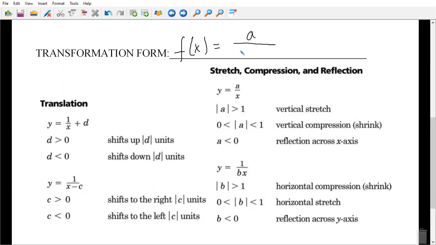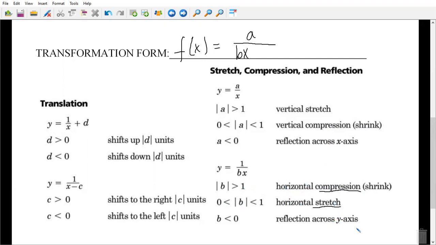Then we have our b. Our b is in the denominator with our x. Our b is our horizontal stretch and compression, and it's the opposite of the vertical. If the absolute value of b is greater than 1, then it's a compression. If the absolute value of b is between 0 and 1, it's a horizontal stretch.